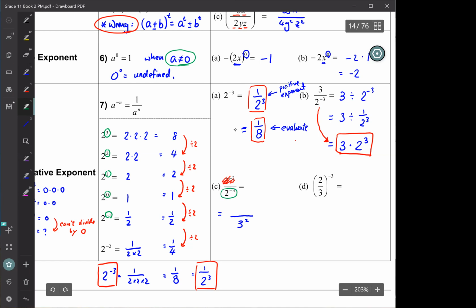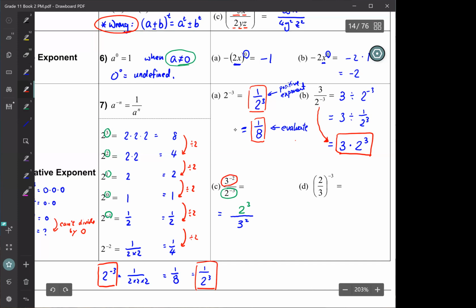Where would it go? When we move to the top. Then what do I write on the top? 2 to the power 3. Yeah, so what happened to the two things? We just flipped it. Yeah, they just switch place, right? They both get a negative exponent, so they get to swap place. Understand?